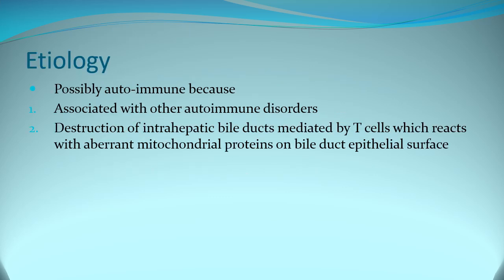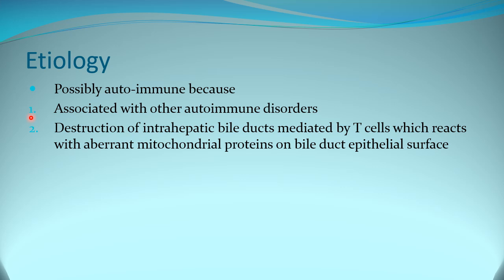So it is an autoimmune disease, possibly with an autoimmune cause. Why? Because it is associated with other autoimmune disorders, and there is destruction of the intrahepatic bile duct mediated by T cells. In the granulomatous reaction there is T cell activation.